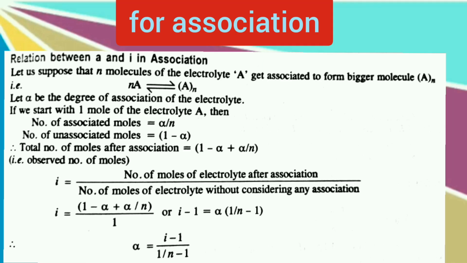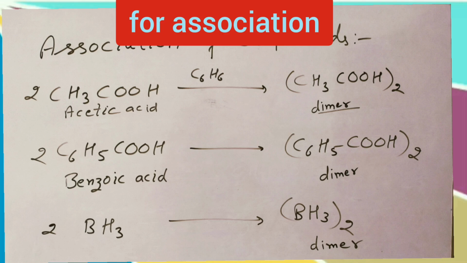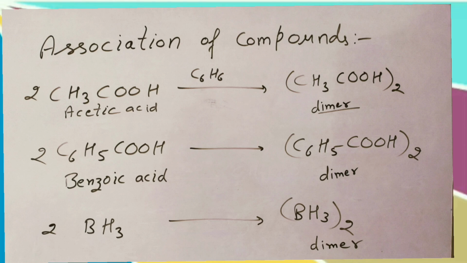In the above reaction, A_n, one molecule containing n atoms, is formed. Then the value of n equals n. If we take the compound acetic acid in benzene, then two molecules of acetic acid associate, so n equals 2. Similarly, benzoic acid also associates with two molecules, so there also n equals 2.